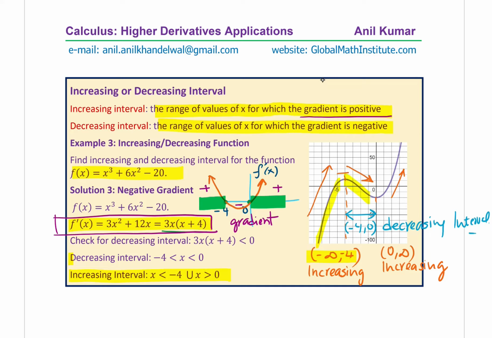We see that the parabola, which represents the gradient, is positive there. The in-between portion is the decreasing interval, which is from minus 4 to 0. Is that correct? So this is your decreasing interval.